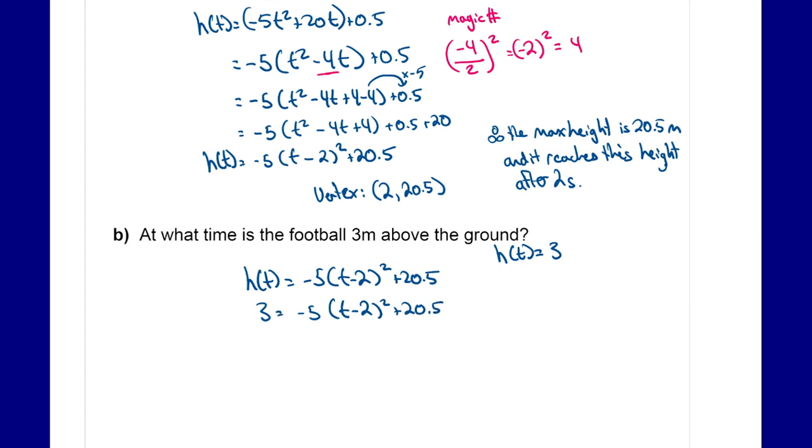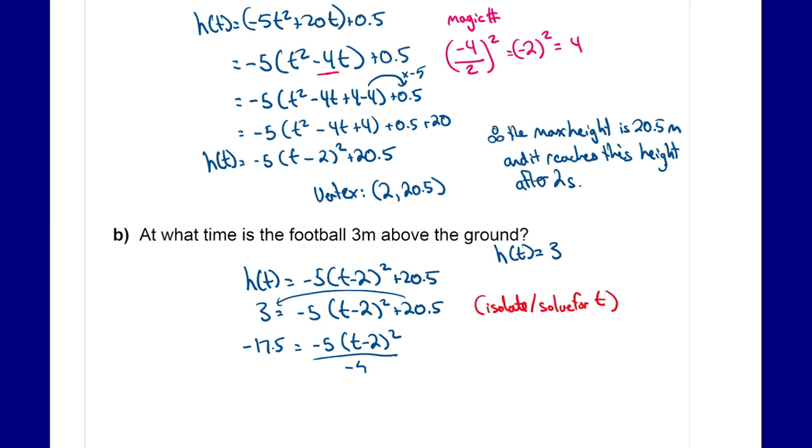And I'm going to go through and solve similar to how I did it in example 1. I'm going to isolate and solve for t. So I move that 20.5 over, it becomes -17.5 = -5(t - 2)².